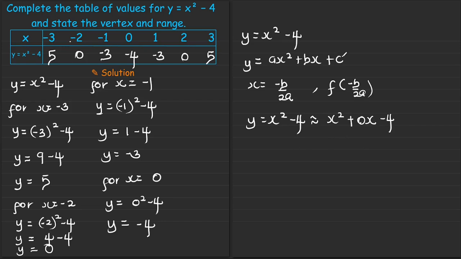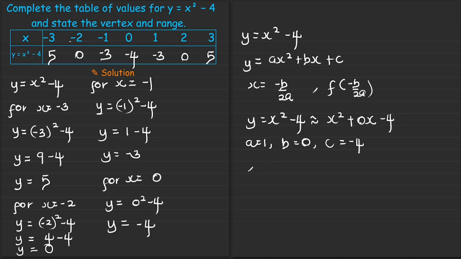That is writing it in the standard form. So with that, we can easily say a is equal to 1, b is equal to 0, and then c is equal to -4. That is comparing. A is the coefficient of x squared, b is the coefficient of x, and then c is always your constant.